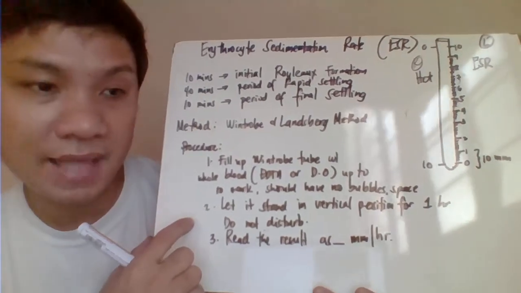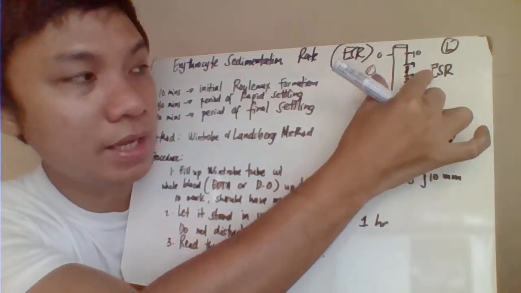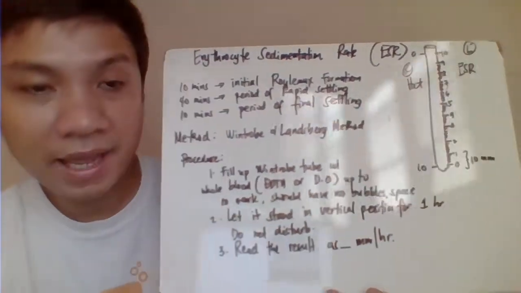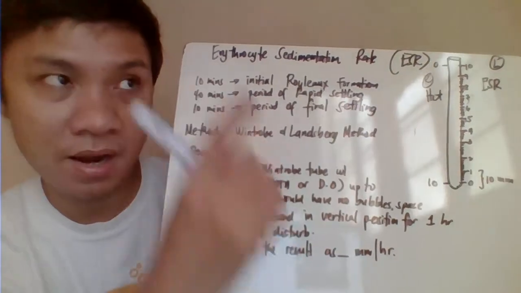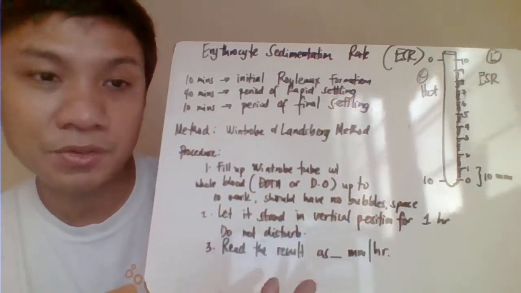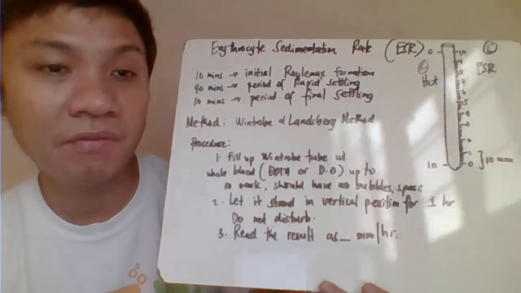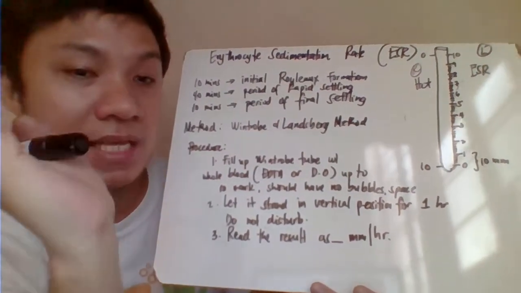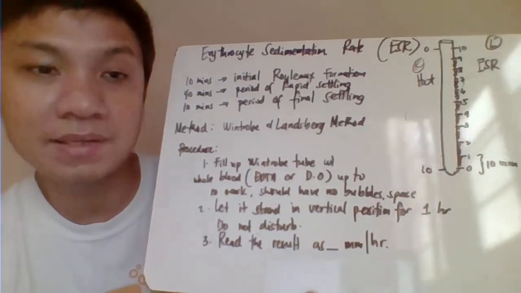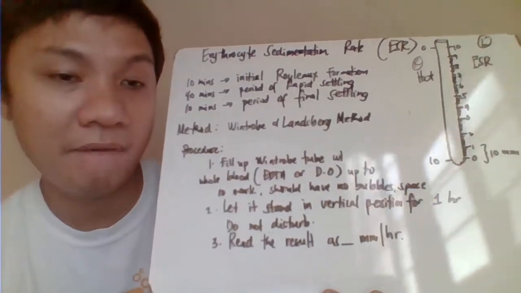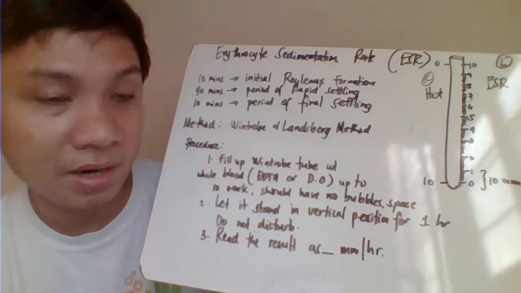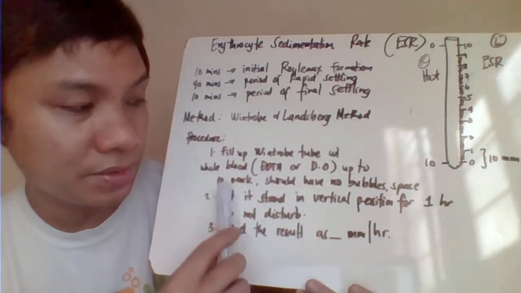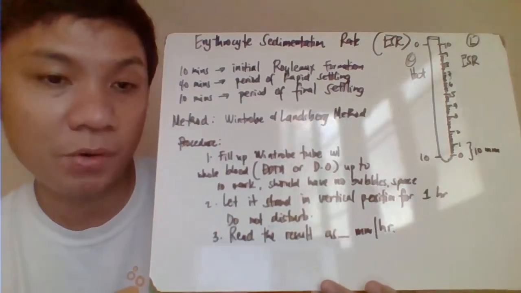Then let it stand in your test tube rack. Allow it to stand in a straight vertical position, because it should not be inclined or tilted. Again, as we have discussed in the lecture, tilting will have an effect on your ESR. So just allow it to stand in the straight vertical position for 1 hour.